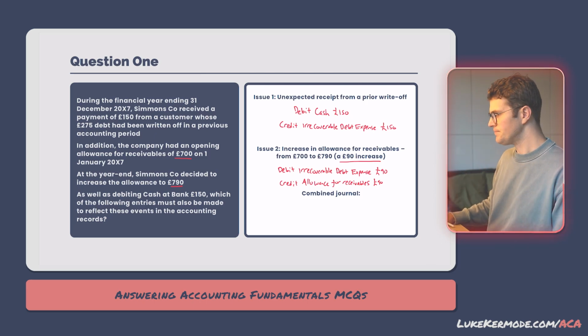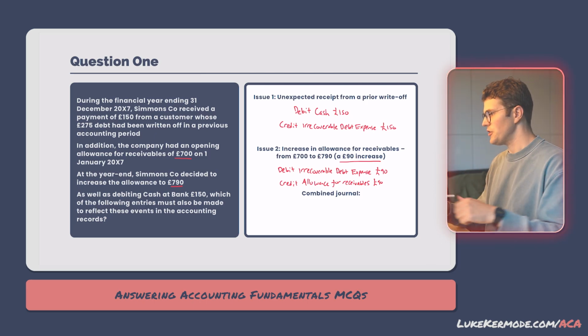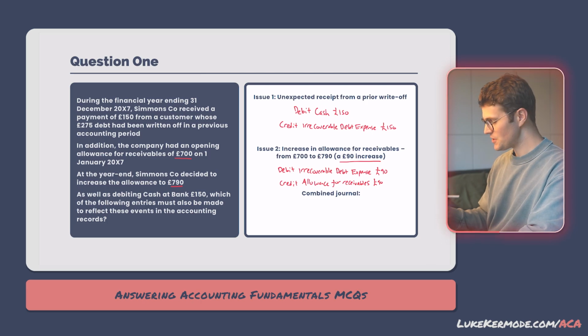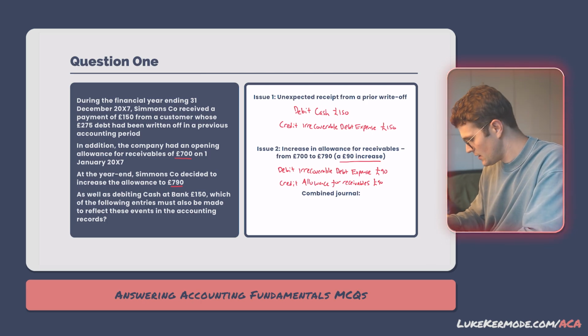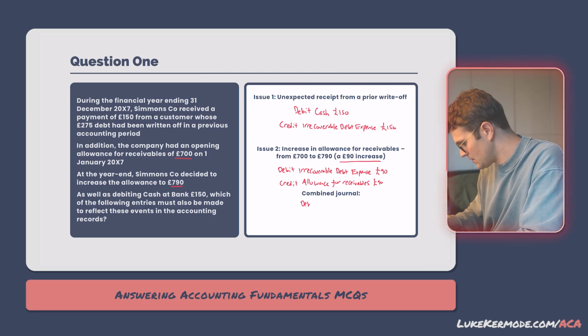So we have our two separate adjustments that we need to make. Now let's combine them to give us an aggregate adjustment that we need to post in our accounts. So we have debit cash £150.